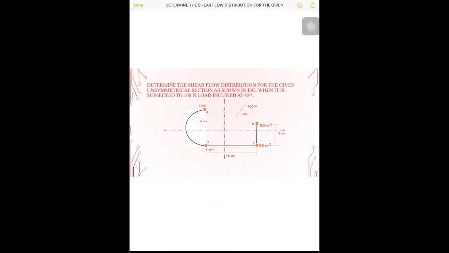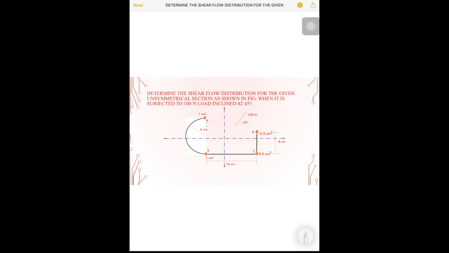For x bar, first we have to consider a reference plane. So I will take the reference plane as A to B. So this is my reference plane A to B. If I consider A and B, the area is 1 and it lies in the reference plane, so the distance is 0.